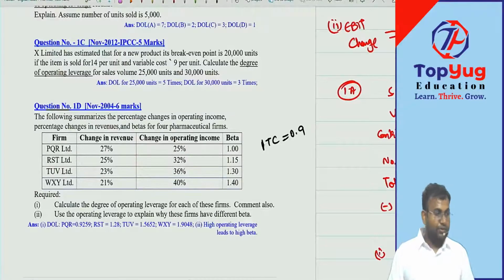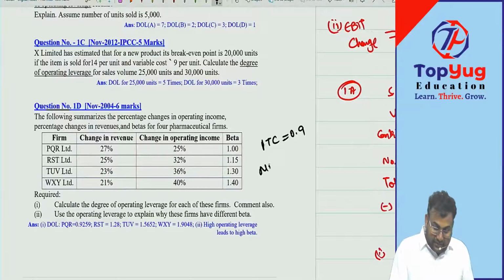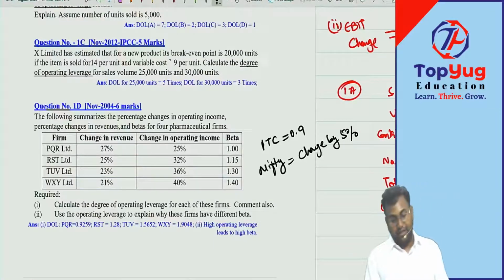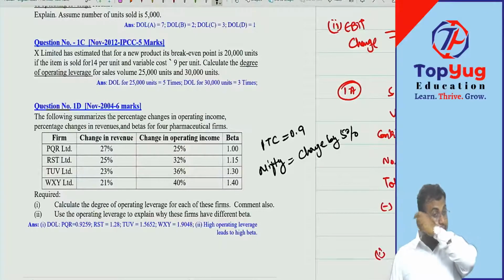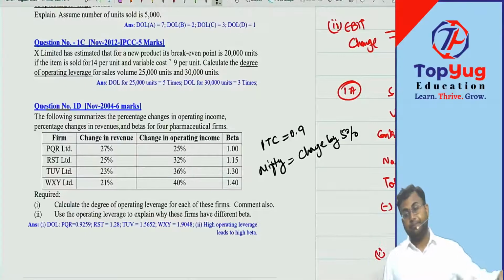Are we all good? Yes. Now Nifty as an index changed by, suppose say, 5%. That is a very big move. Just for the calculation I am taking 5%.